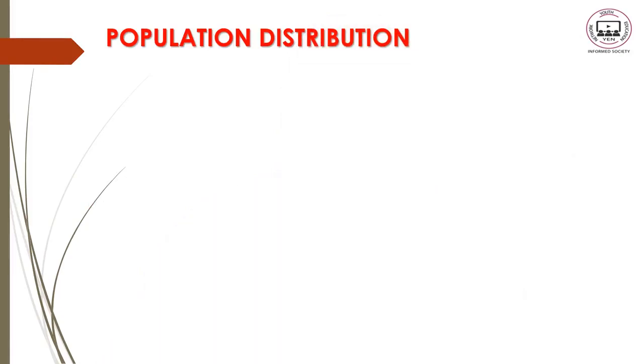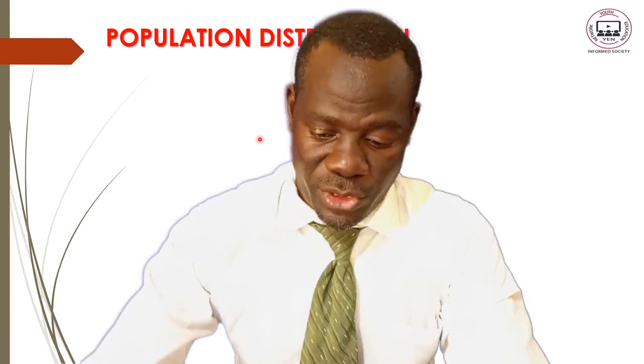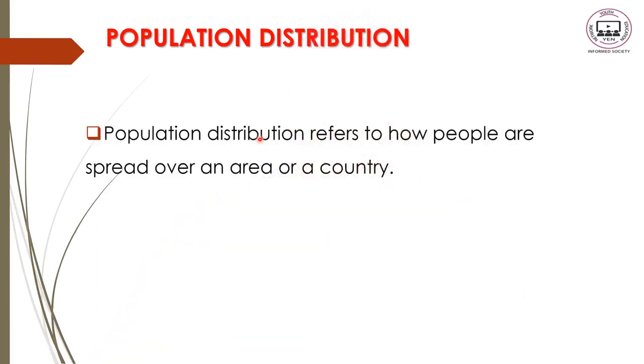Now, let us look at the population distribution. By definition, population distribution refers to how people are spread over an area or a country.